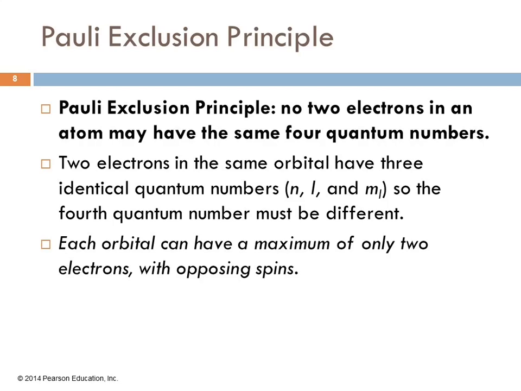They're going to have n, l, and m sub l be the same, but the 4th quantum number has to be different. Bottom line here is each orbital can have a maximum of only 2 electrons with opposing spins. So that's important. So in the hotel, 2 people per bed, opposite sexes.